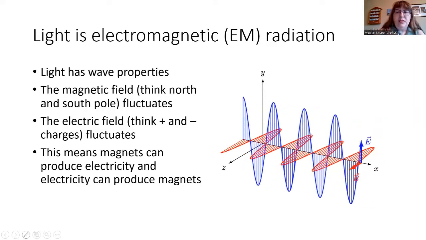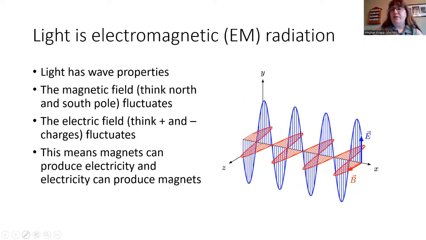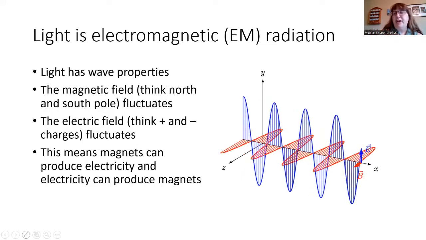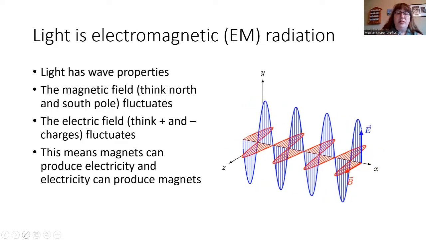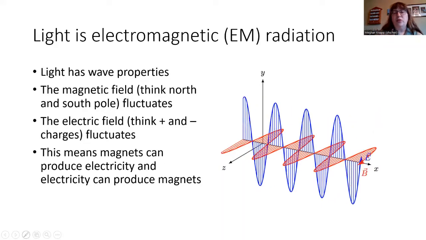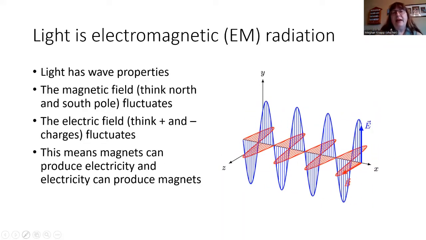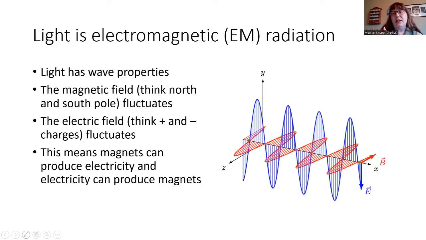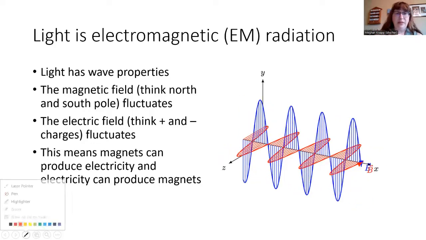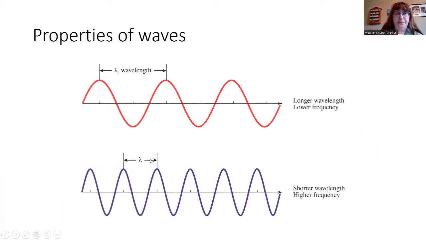This field, or the strength of the pull of electricity or magnetism, varies throughout this wave. As I said, that part of it isn't real important. What's more important is remembering that when we say electromagnetic radiation, it refers to light, but it also refers to these other types of radiation.